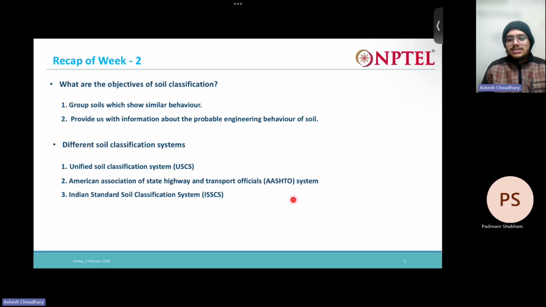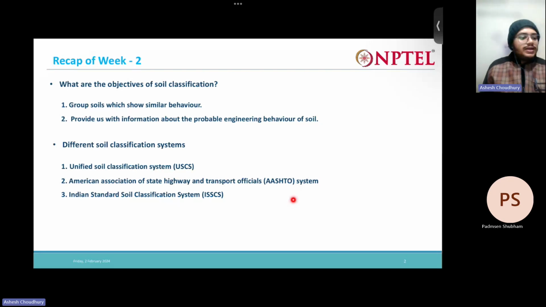Why is it important? Soil classification provides us with information about the probable engineering behavior of soil. Not the exact behavior, but we can have a rough idea of how that soil is going to behave. We will discuss in today's class, in the later stages, how we can actually guess.